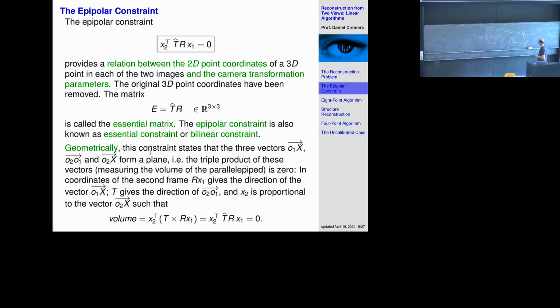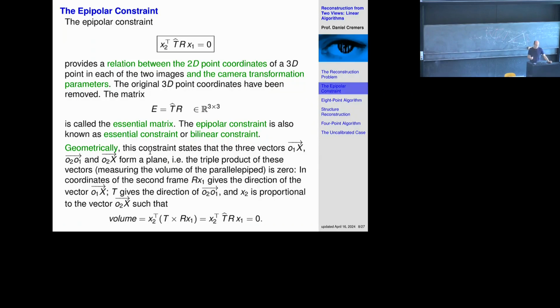And so what you can do is take these vectors, in fact we'll see which vectors. We'll take one vector pointing from O2 to O1, and then this vector and that vector, and we can say these 3 vectors form a plane.